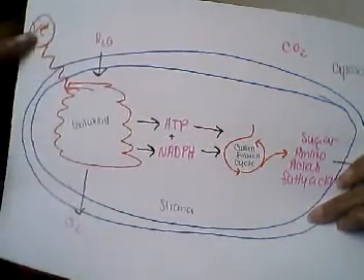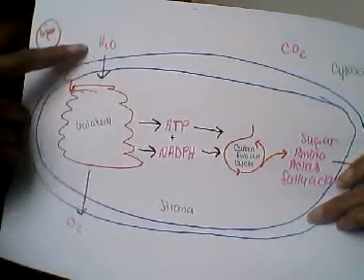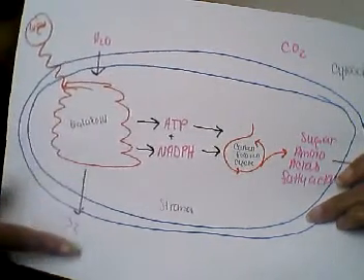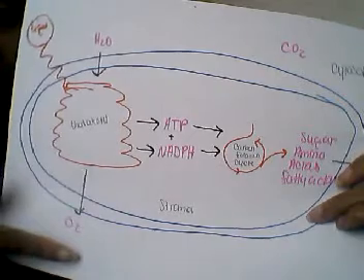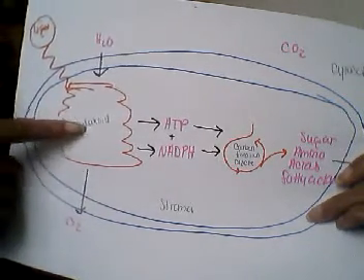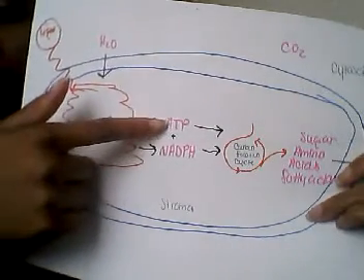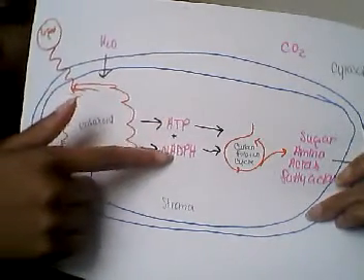So as you can see, a photon of light comes in, hits a thylakoid. At the same time, water gets split to produce oxygen, releases oxygen. And once the photon of light goes through stage one, called the light reactions, through the thylakoid, it produces ATP and NADPH.